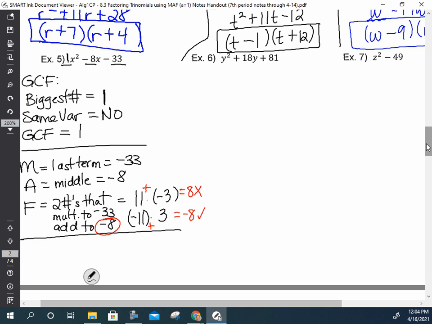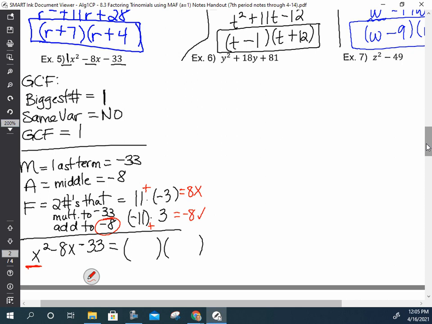So now we're at a point where we can write our answer. We take my problem, and we open up 2 parentheses. I remember Io asking this question on Wednesday: does the variable always have to come first? The variable comes first if you start with it.